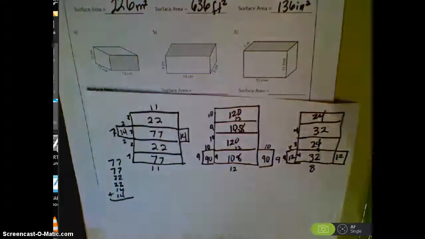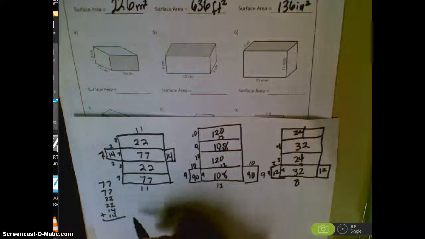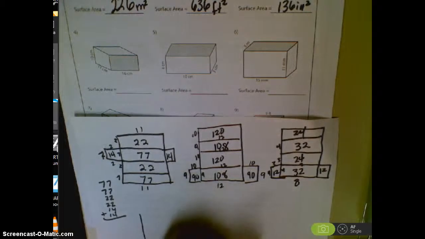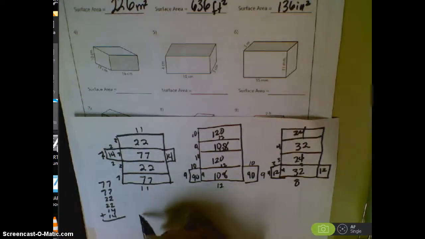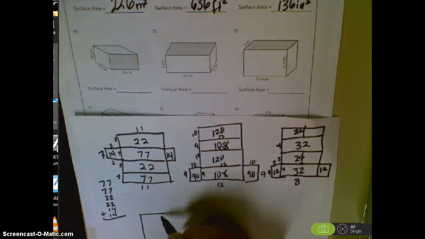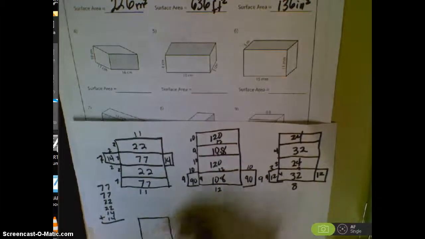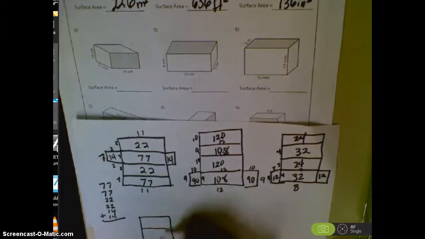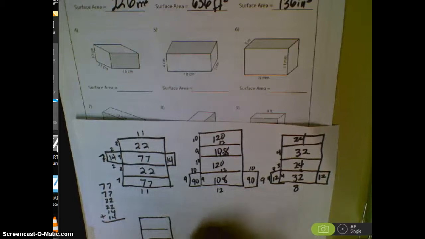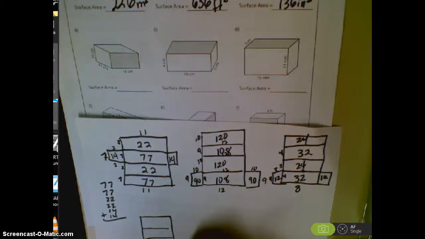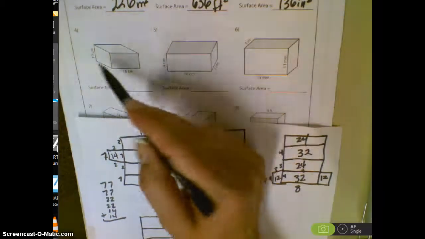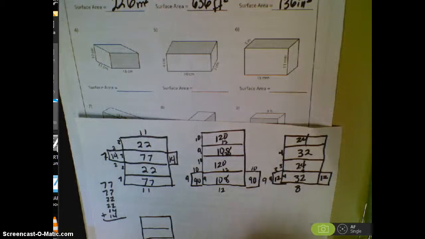Alright, moving down. Scratch paper again. This time it's a slightly different shape. And draw our 4 sides again, longer this time, not so much squares, more like flaps. And we've got 16s and 11s.